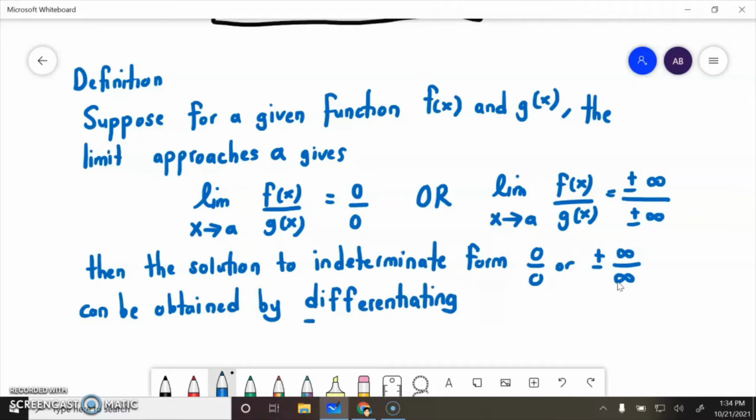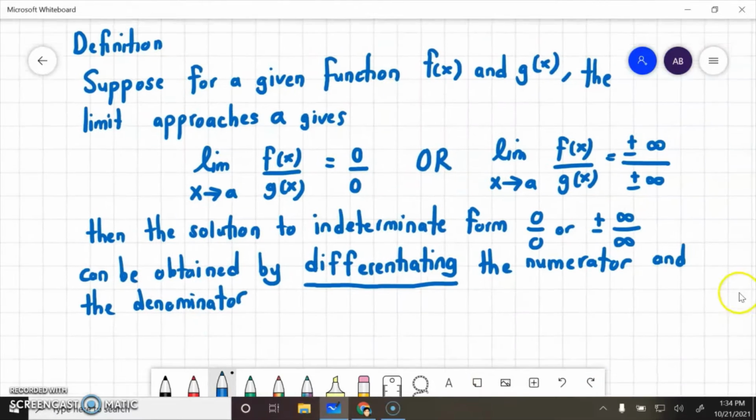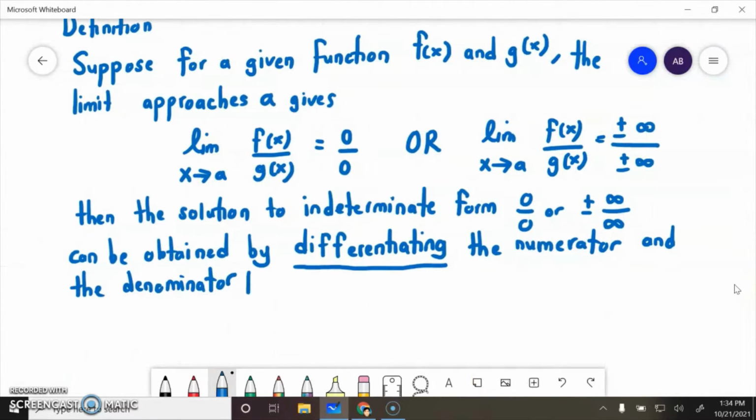This is the keyword here: differentiating the numerator and the denominator before taking the limit. So that's your hint here.